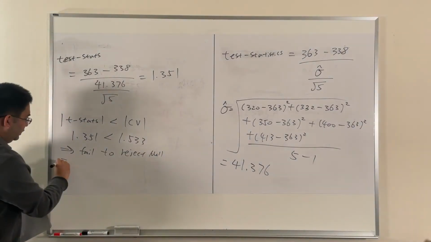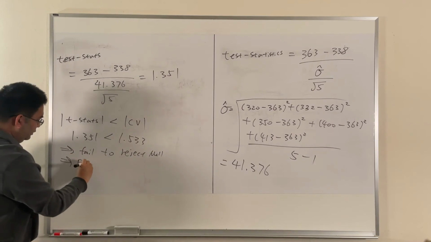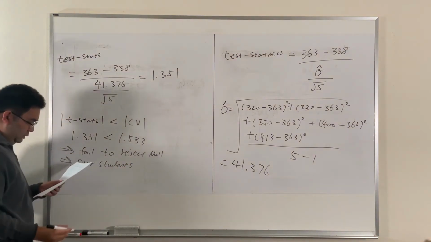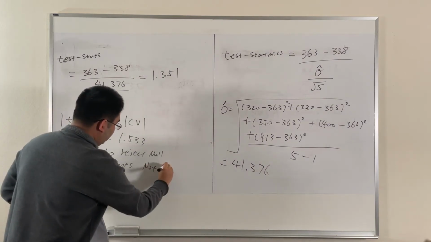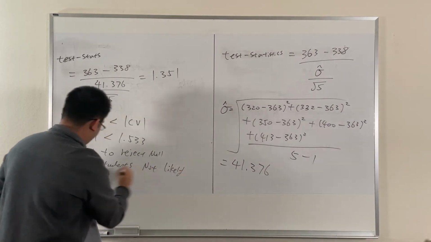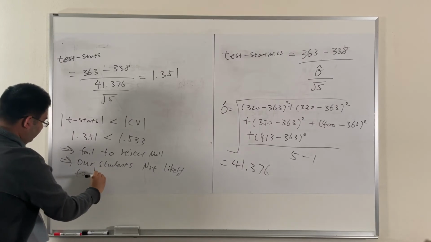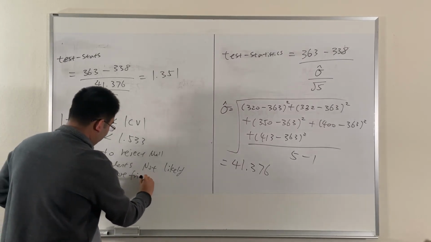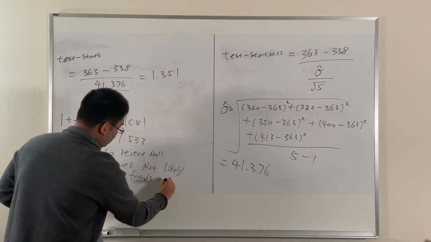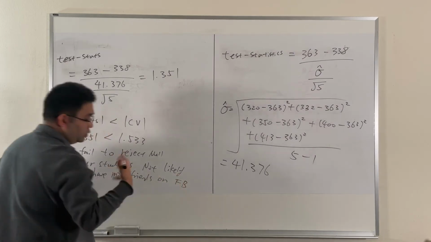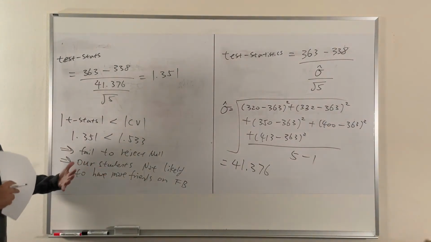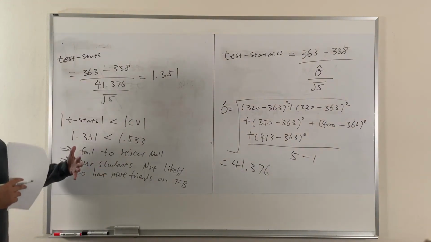Then the conclusion is our students are not likely to have more friends on Facebook. Okay, so because we cannot reject the null, right? And the null says they're the same, so the null is kind of what we are accepting here.